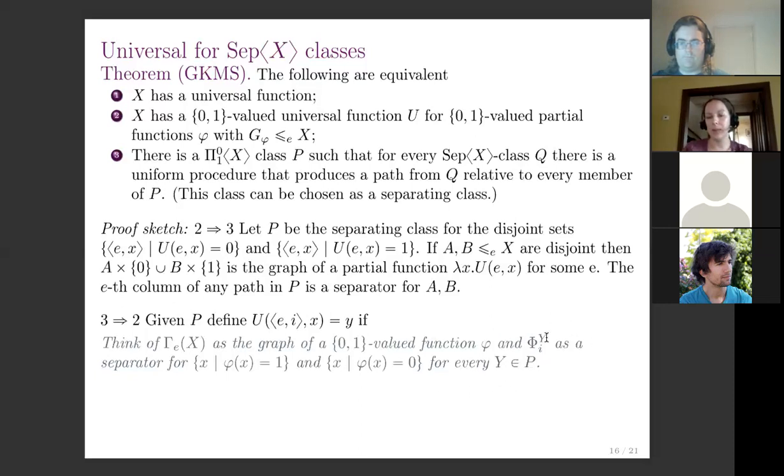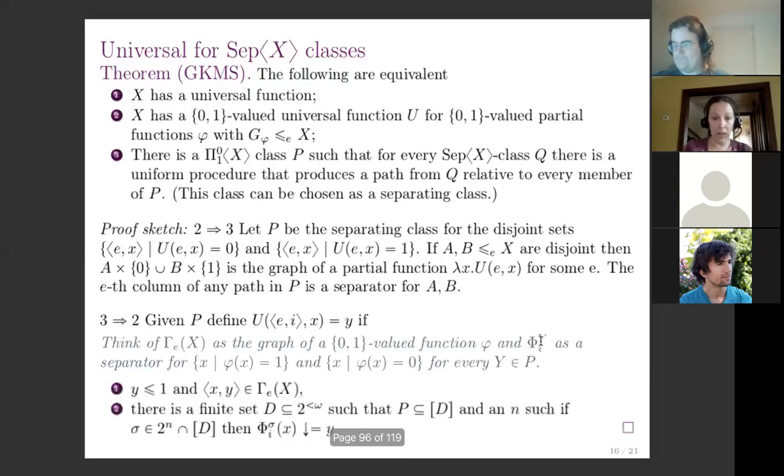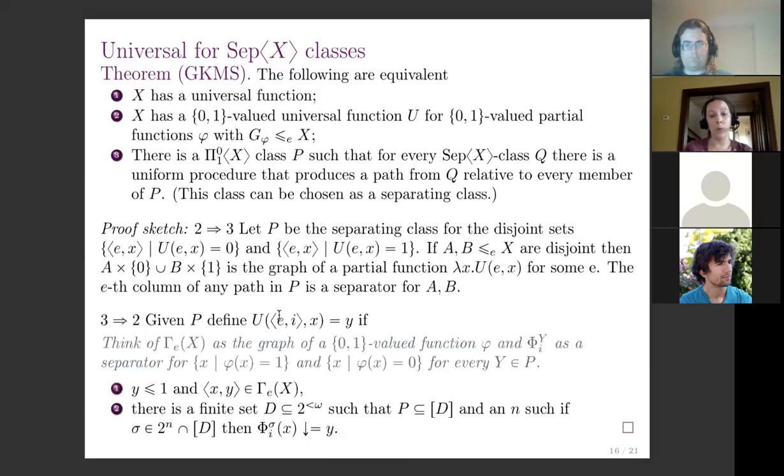Okay, so now we'll define U of (e,i) and x to be y if and only if we see that (x,y) really is in Γ_e. So if Γ_e really is the graph of a function, then it's the correct function, where everything is fine. But the second line here allows us to still have a function even when Γ_e is not the graph of a function. It kind of gives a confirmation using the Π⁰₁ class, and it uses compactness here.